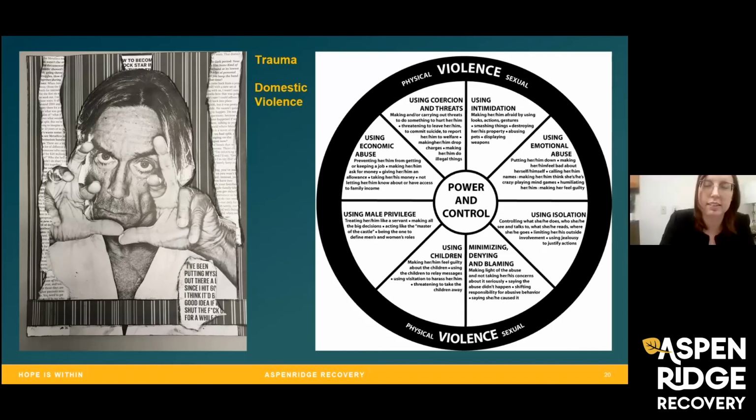So then the next piece of it was making a relationships vision board and talking about the equality wheel. That's the opposite of the power and control wheel. So we do want to not just leave people in pain and raw. We want to find ways to wrap it back up or refocus them.